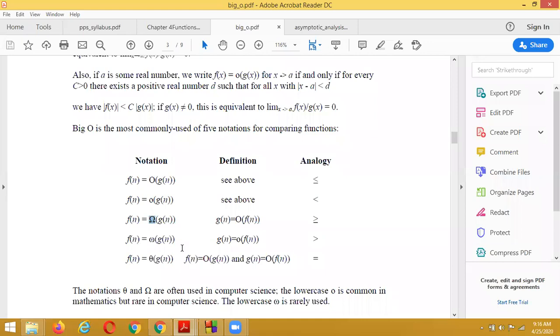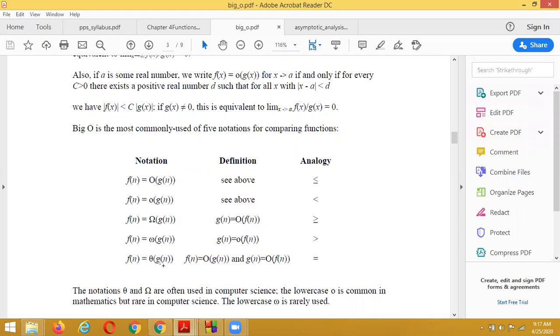When we indicate small omega: if f of n is greater than g of n, we indicate it as small omega. And if f of n is equal to theta of g of n, we indicate the theta notation.